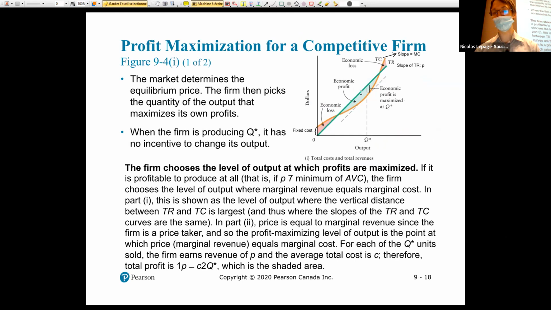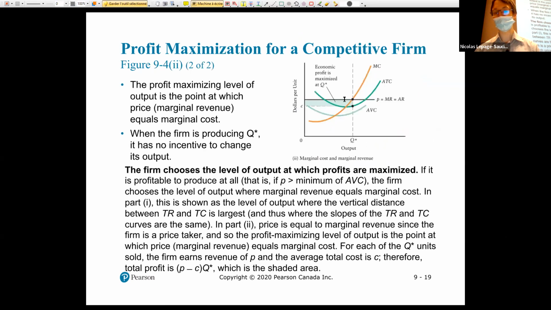So if the slope of the total revenue equals the slope of the total cost, then the price is the slope and the marginal cost is the slope. So the two are equal. For those who have done calculus, very easy. For those who haven't, not easy whatsoever. So let me stop here so that you don't get confused. That's the thing with these slides.